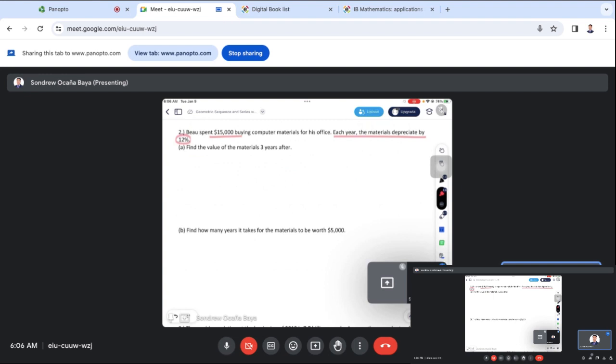That means 15,000 is actually your original cost. So if we try to label it properly, 15,000 is the cost of the computer material, not in the first year, because take note, it's the original, but rather it's in year zero.